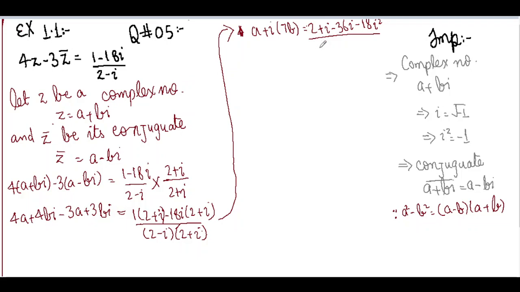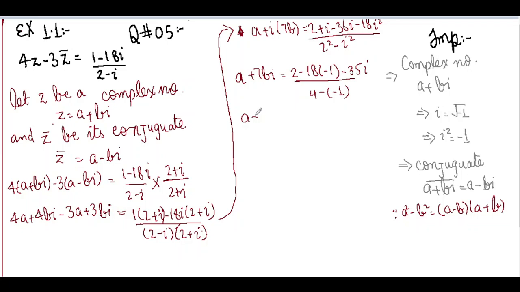So we are going to write it over here, 2 square minus iota square, so it becomes a plus 7b iota equals, okay, here it is 2 minus 18 into iota square is minus 1, and here we get minus 36 plus 1 is minus 35 iota whole divided by 2 square is 4 minus iota square is minus 1.